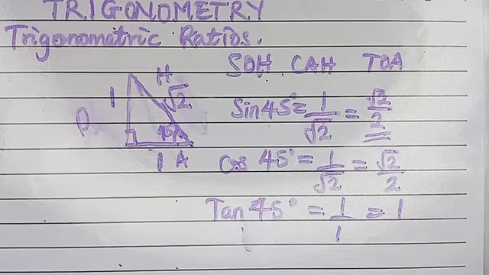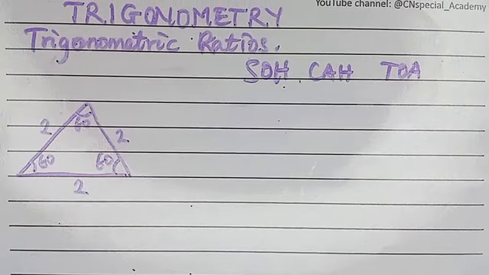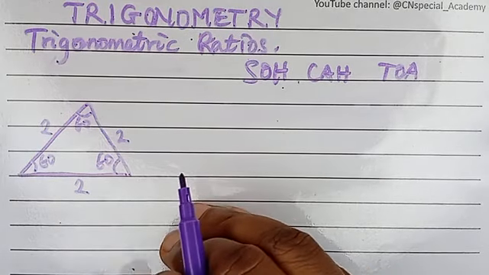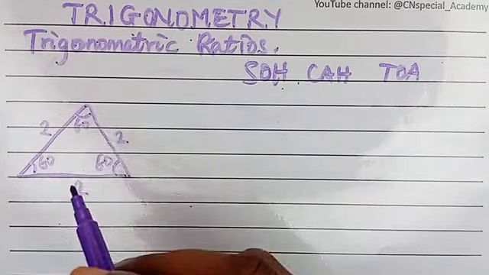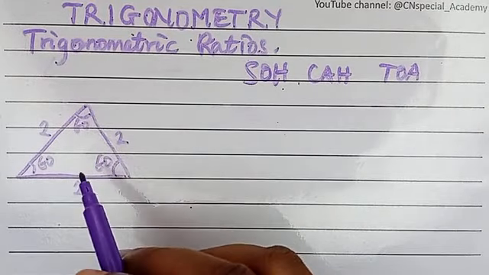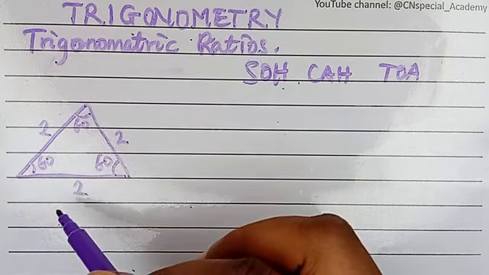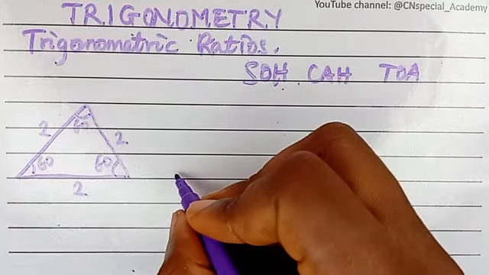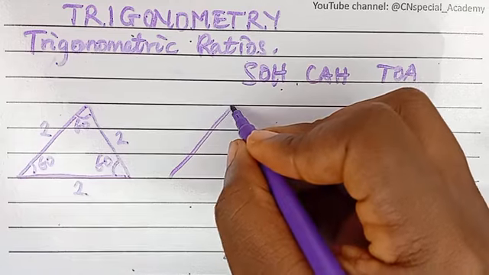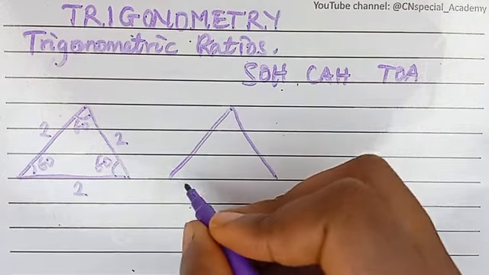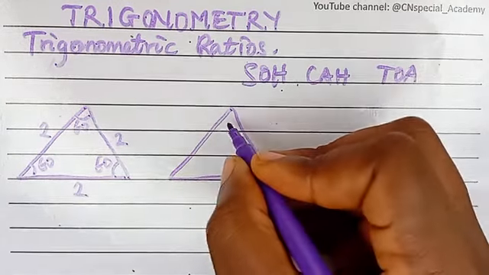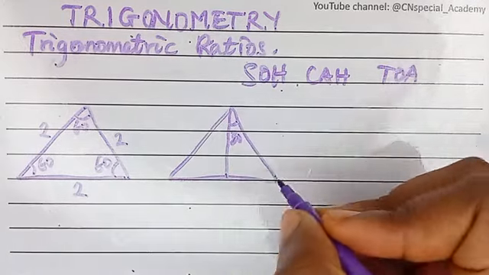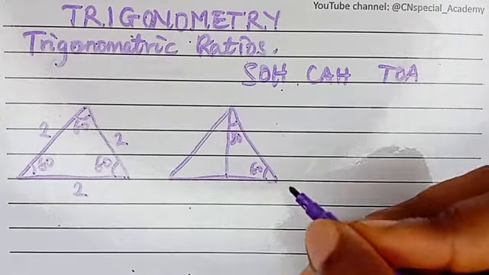We'll now be looking at angle 60 and angle 30. So for that, we consider an equilateral triangle, which means that all the three sides are equal and all the three angles are equal to 60 degrees. So this very angle, we are going to bisect it, giving us 30, and then we have 60.